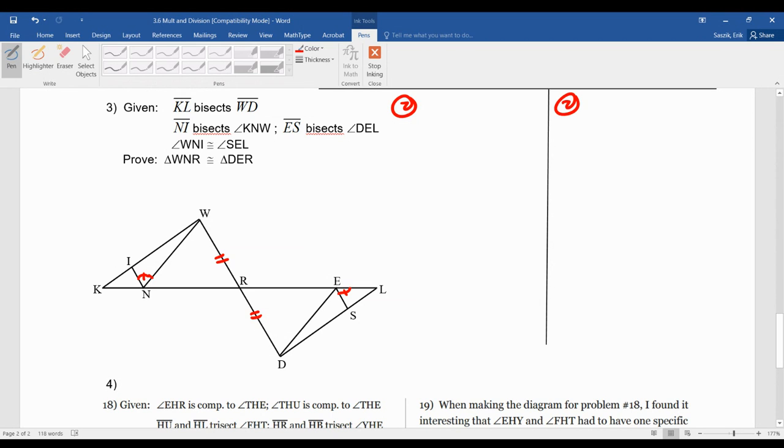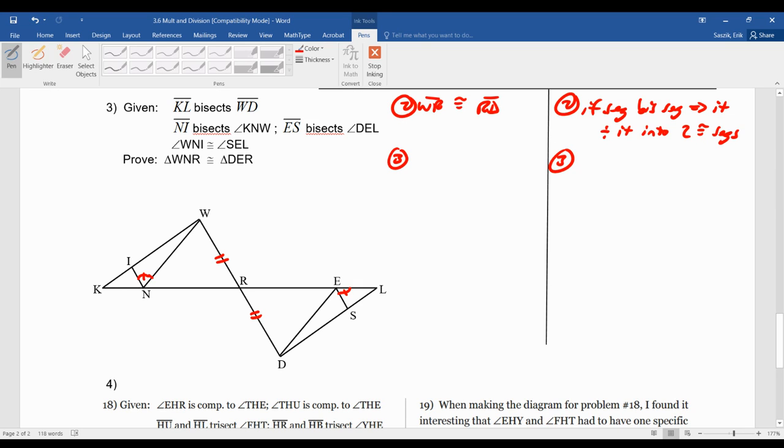Let me say that WR is congruent to RD, if a segment bisects a segment, then it divides it into two congruent segments. Okay, so we got that out of the way. Again, I kept a mental note of this bisection, so I don't have to say that this is congruent to this.